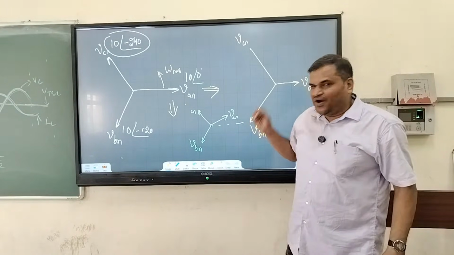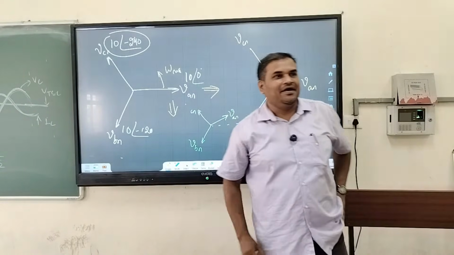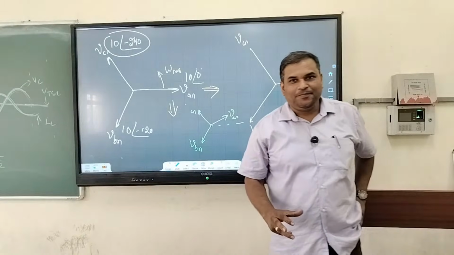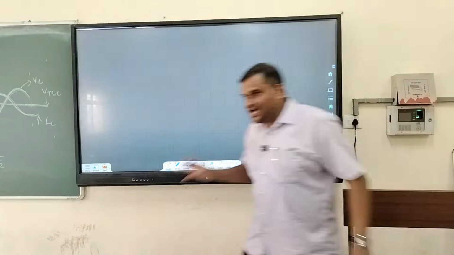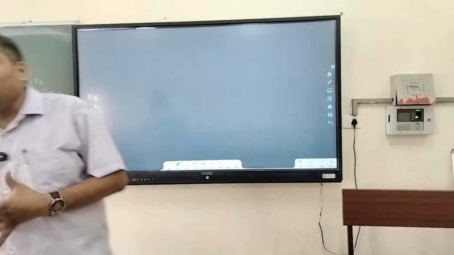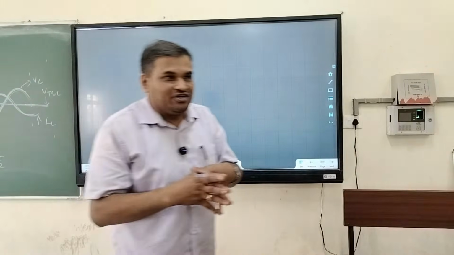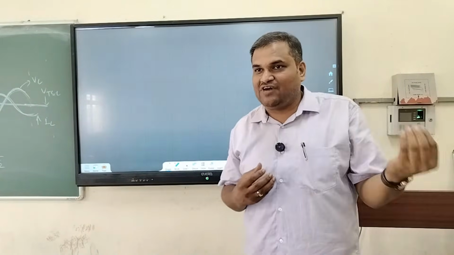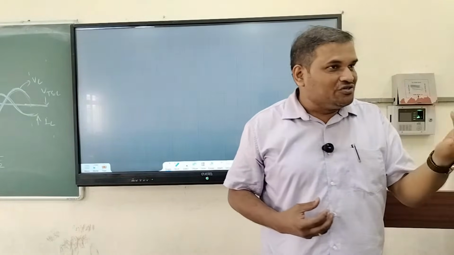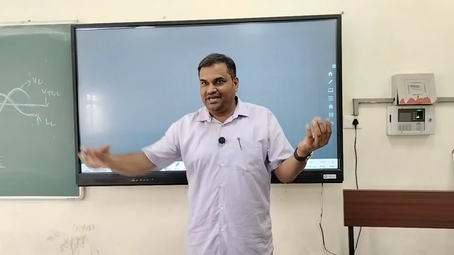Now, what are the positive sequence, negative sequence and zero sequence? What are these? To understand this unbalance, we have to understand those three things. Like Brahma, Vishnu, Maheshwar. Every soul has a positive atma: there is a good thing, there is a negative thing, and there is a neutral thing.